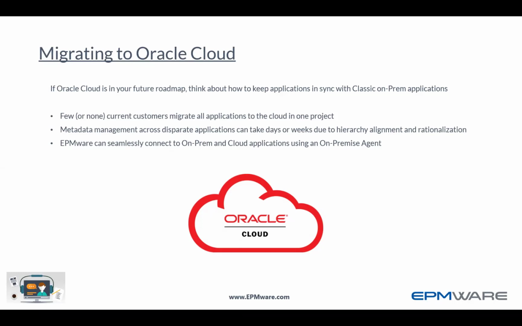But metadata management across these applications is a critical thing that we need to think about. EPMware allows you to seamlessly connect to on-prem and cloud applications, so we can connect to all Oracle Cloud apps, and the same thing with on-prem. So you can have EPMware as a central solution while you manage your migration process over to the cloud as well.